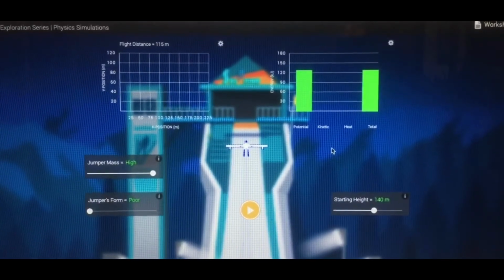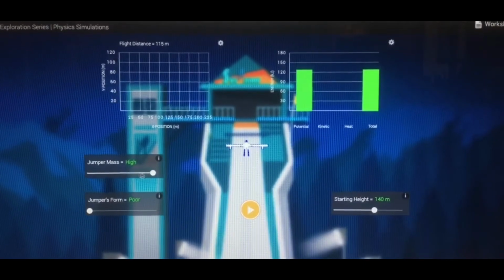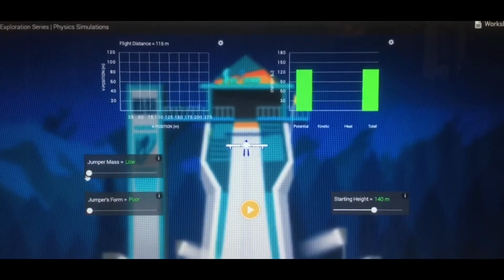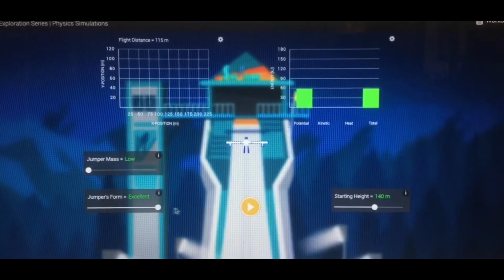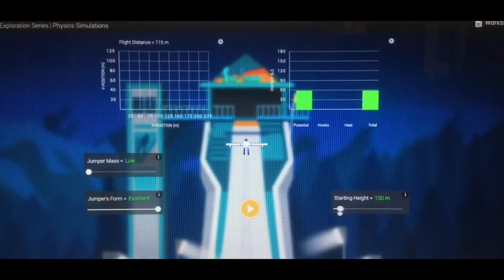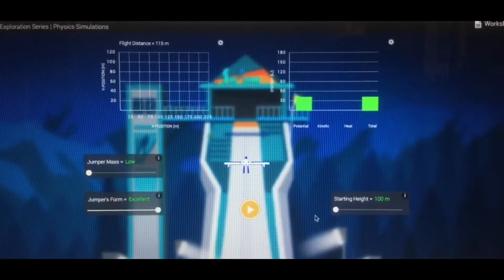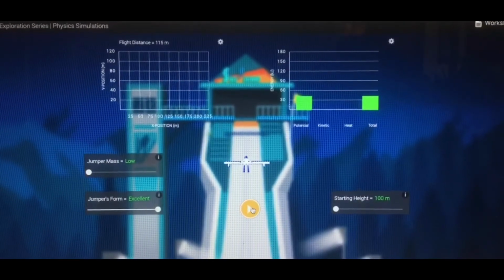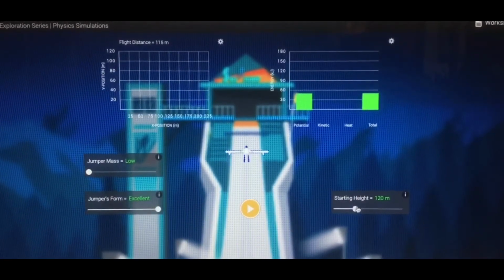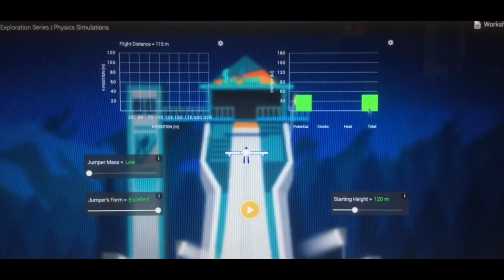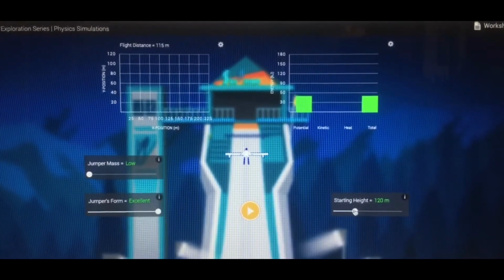So let's look at a scenario here just to show you what you'll be looking at. I'm going to set the jumper mass to low. I'm going to set the form to excellent, and I'm going to set the starting height to the very lowest of 100 meters. All right, so as you can see, when I change it, the energy graph up here changes.